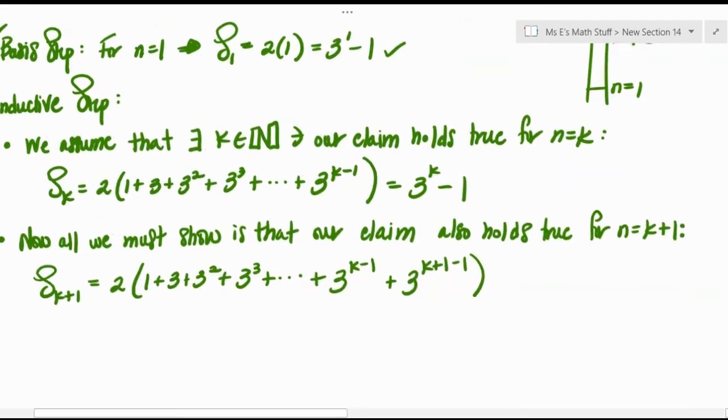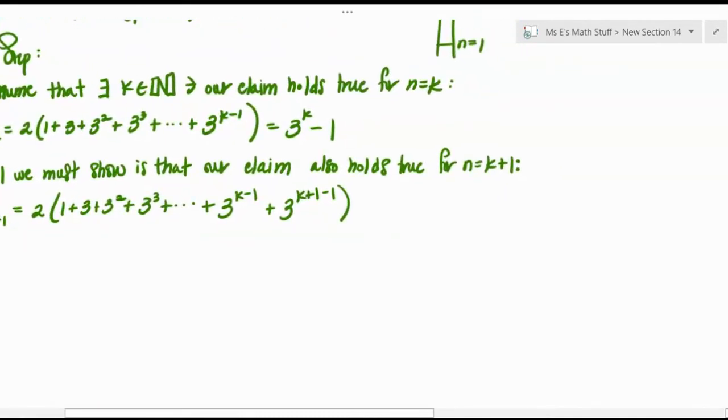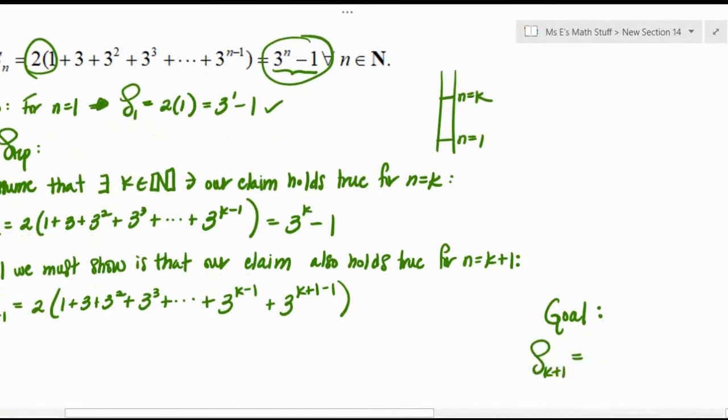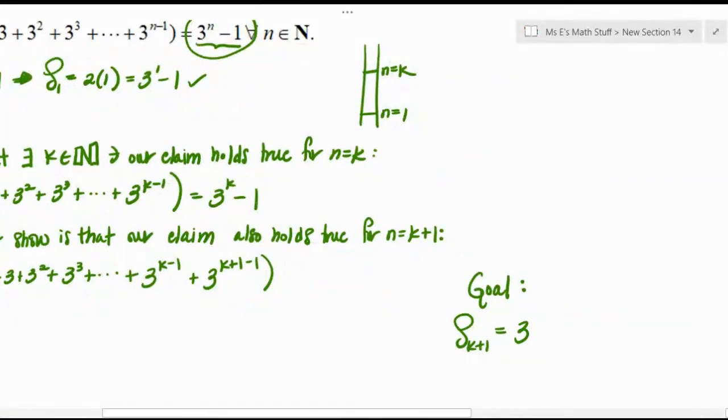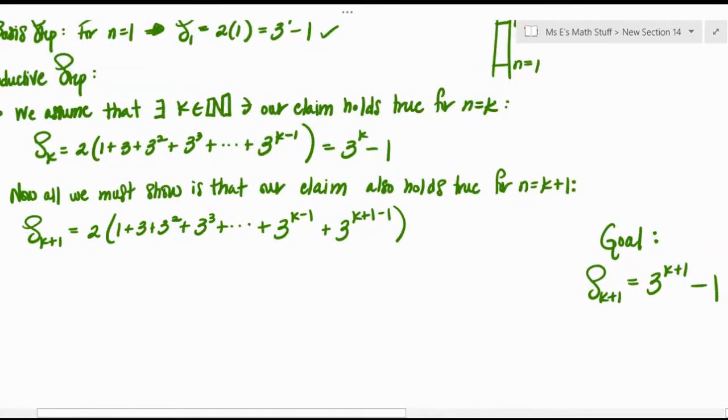Okay, now off to the side, let's talk about what's our goal. Our goal is to show that we could simplify this term by term mess down to be this expression where n is just k plus 1. There we go.